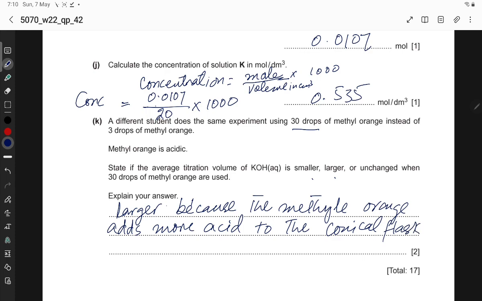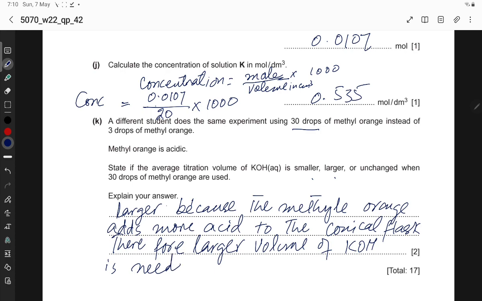Therefore, a larger volume of KOH is required to neutralize.